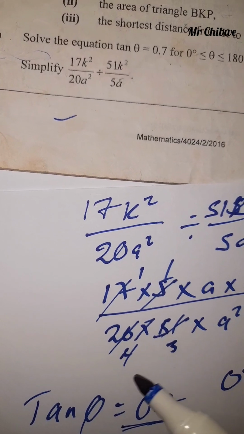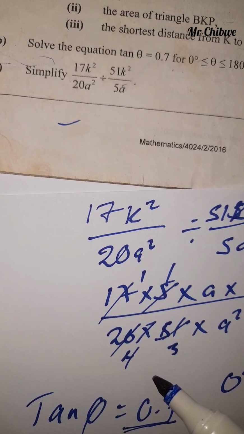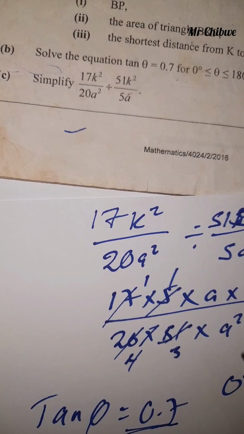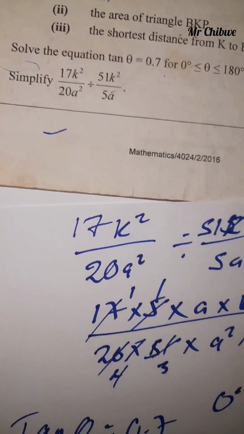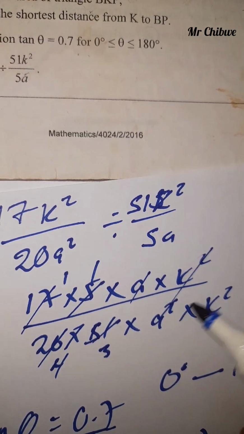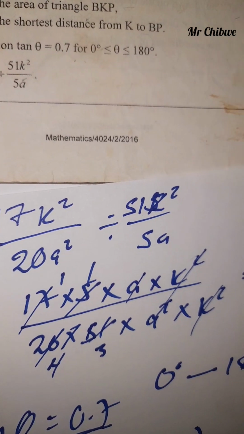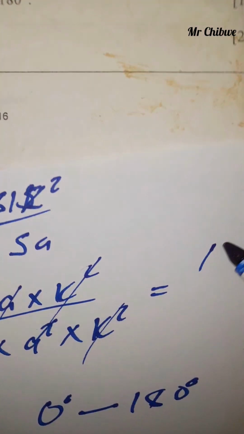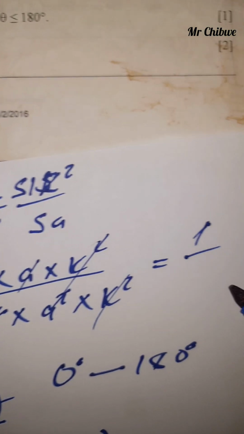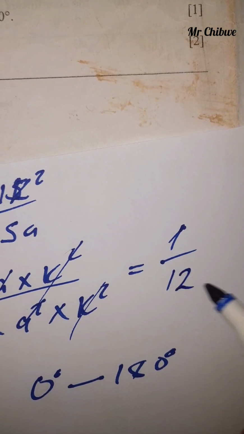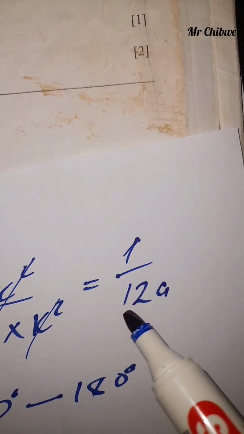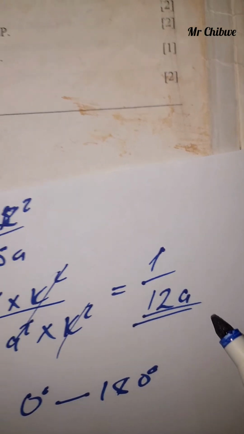So on the bottom we are remaining with 4 times 3, which is 12, and on the numerator we are with 1. The a will cancel, leaving 1a at the bottom. The k will cancel. So it will be 1 over 12a. The answer is 1 over 12a.